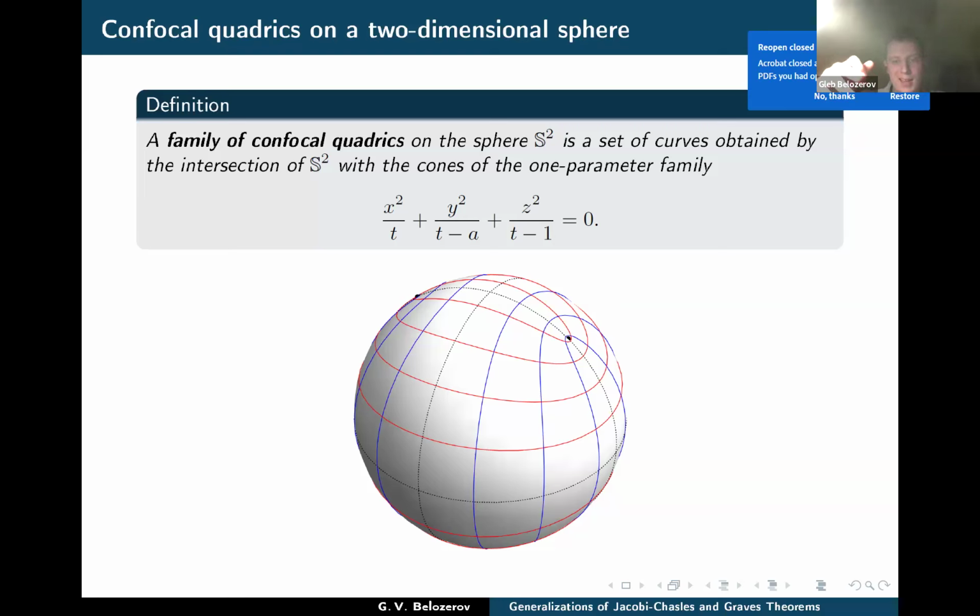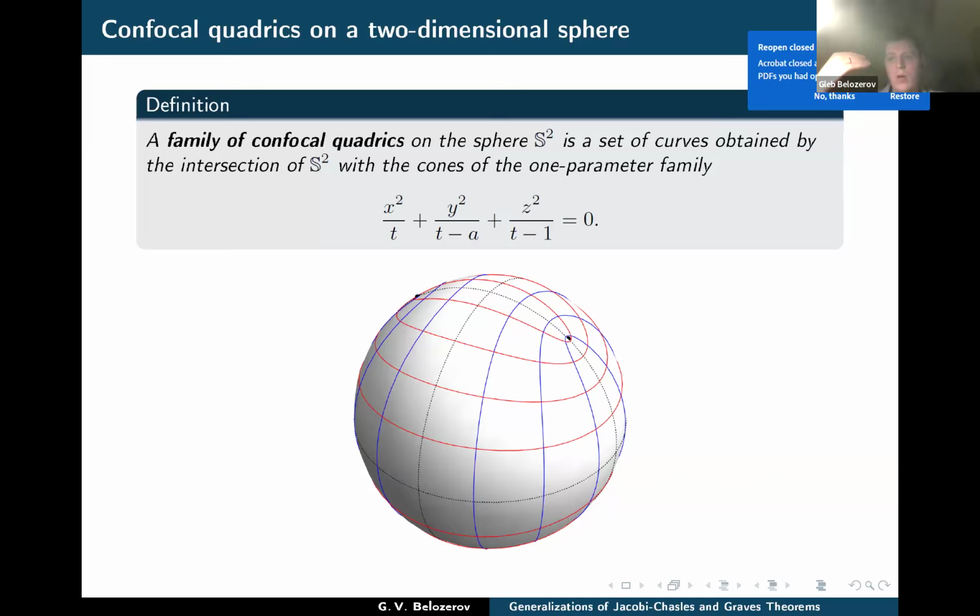Here, a is a constant in the interval (0, 1), and the family is the following. Here you can see the family of confocal quadrics in the two-dimensional sphere.